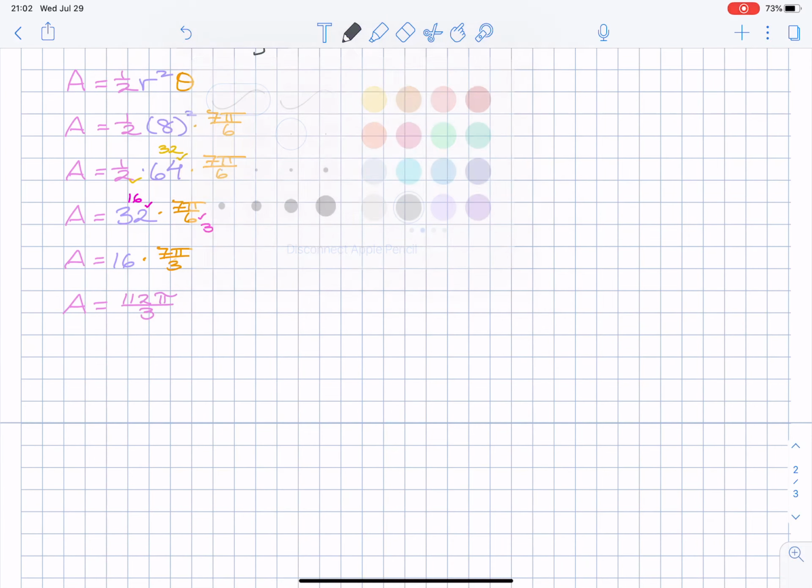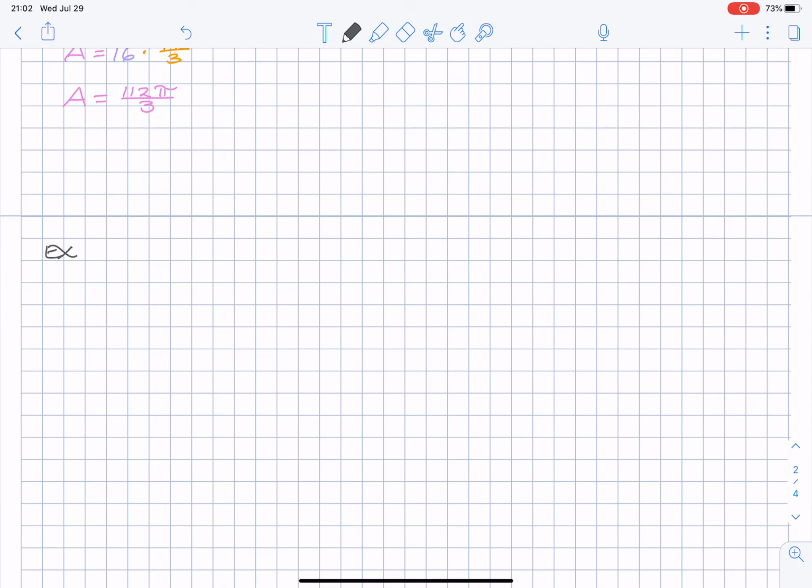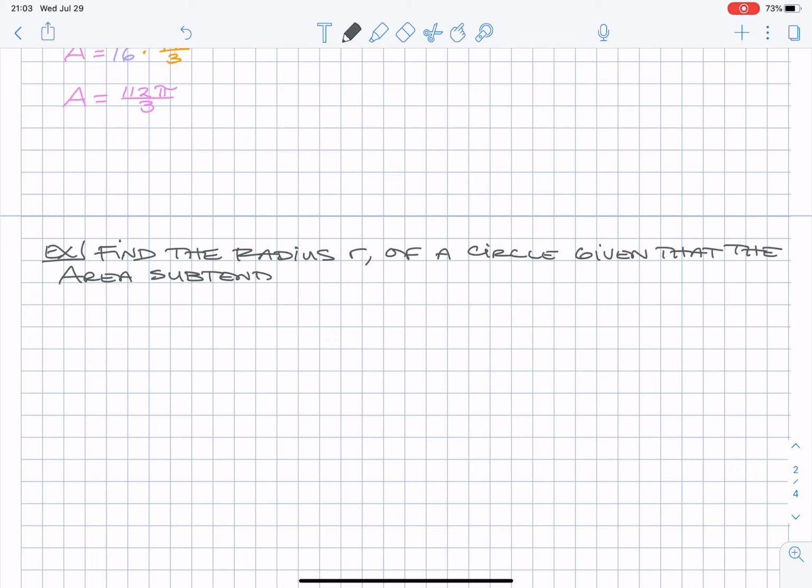Okay, let's do another problem. So example: let's find the radius r of a circle, given that the area A subtended by theta equal to, what angle did I use up here?